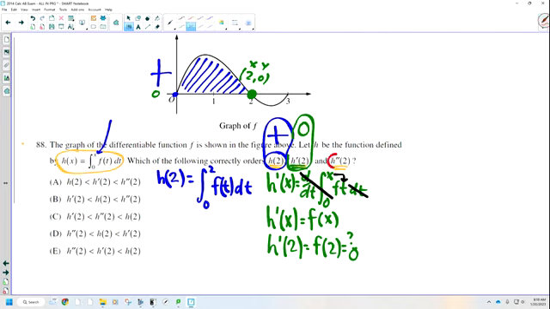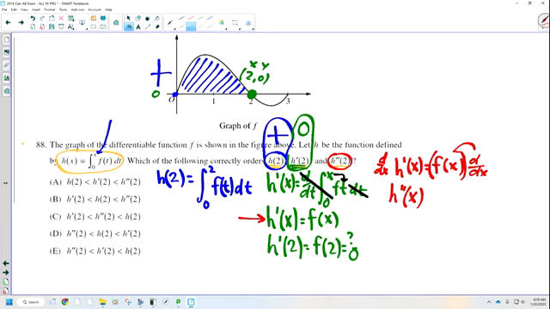Last one, h double prime. If the first derivative of h is f of x, now I've got to take the derivative of this, right? I want the second derivative, which means I've got to take the derivative, sorry, I'm writing this on the right-hand side, of this. That's just f prime of x. So the second derivative of h is really the first derivative of f.